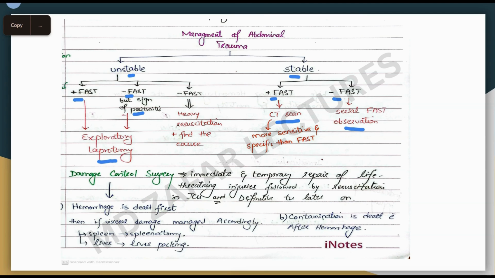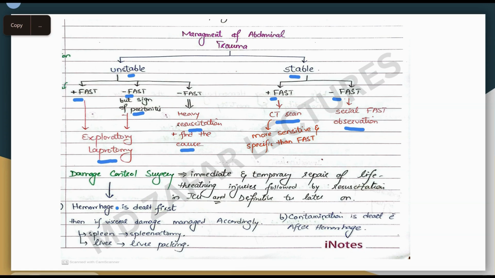If the patient is unstable and there is a negative FAST, then initially we will do heavy resuscitation of the patient and try to find the cause. So if you follow the algorithm and identify the step where you are placed in the MCQ, you can follow this diagram in your mind or in your notes to get to the answer.